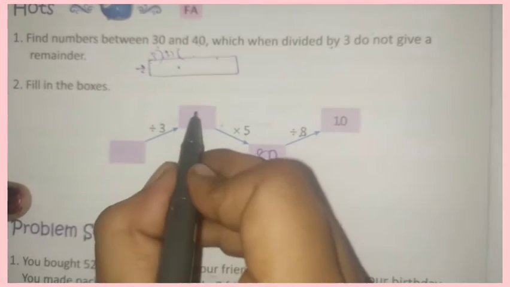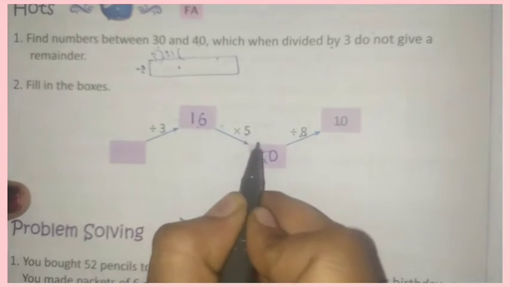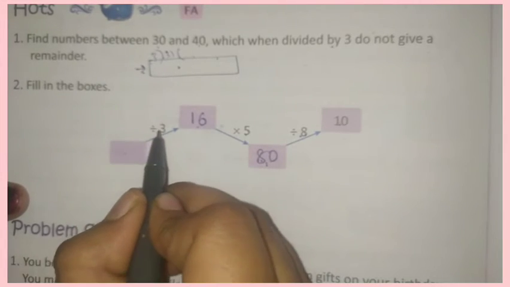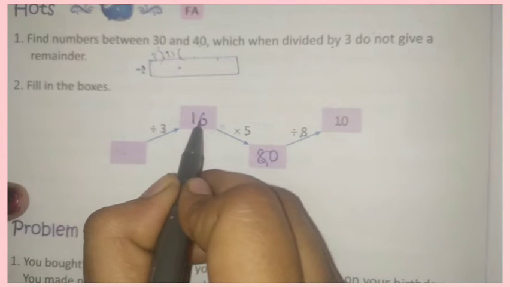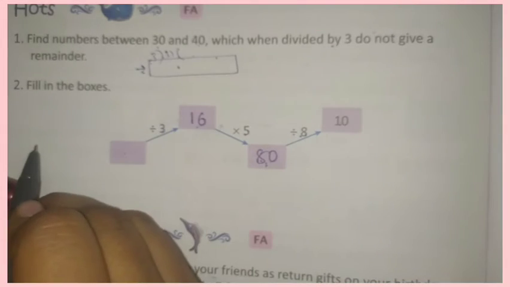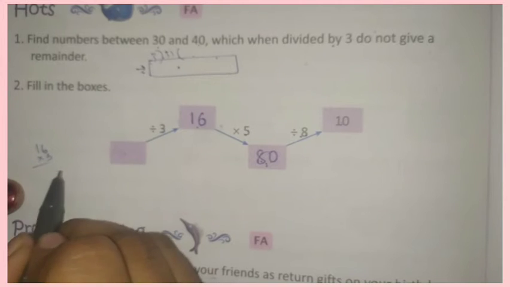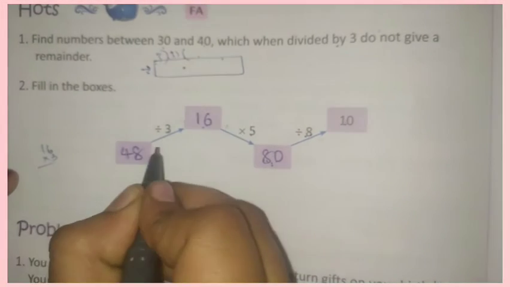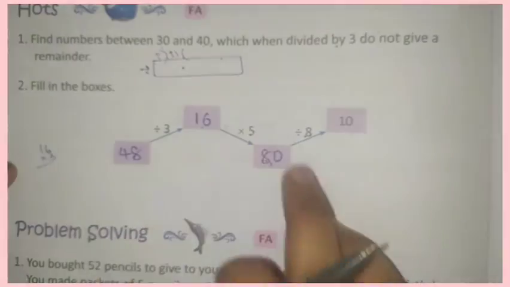Yes, 16. 16 5s are 80. Next, for which number if we divide with 3 then we will get 16? Simply we will multiply these two. 16 into 3. 16 3s are 48. Okay, do this in textbook only, this also.